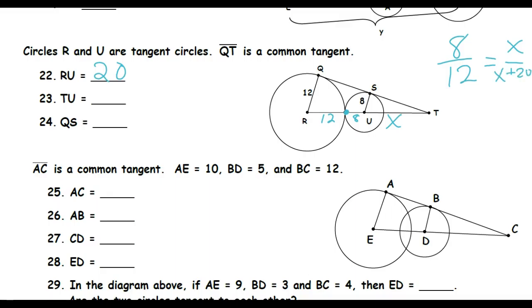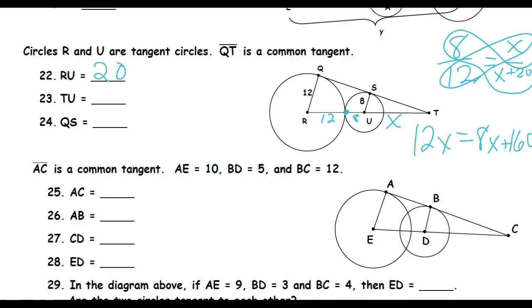The whole side, TR. That's okay. Let's cross multiply. 12 times X, 12X. Your algebra teachers will be so proud of us in geometry, continuing algebra throughout the year. 8 times X is 8X. 8 times 20 is 160.